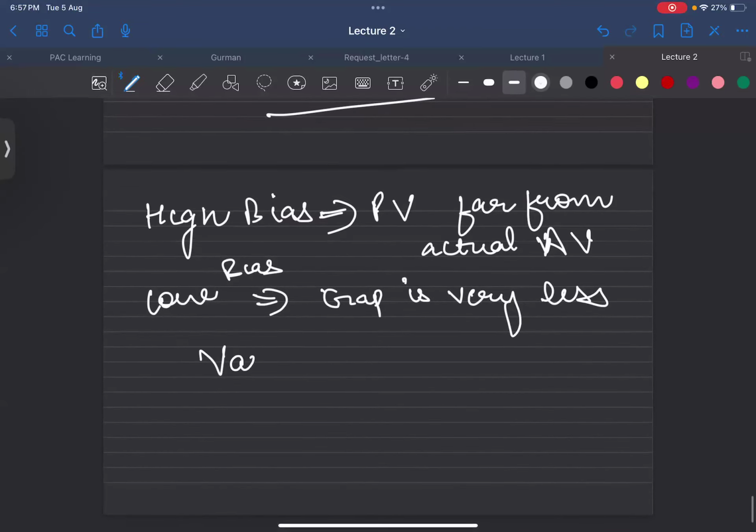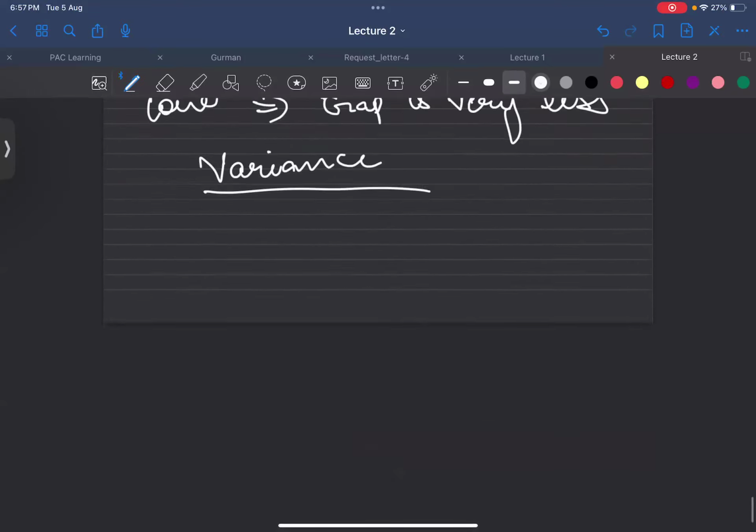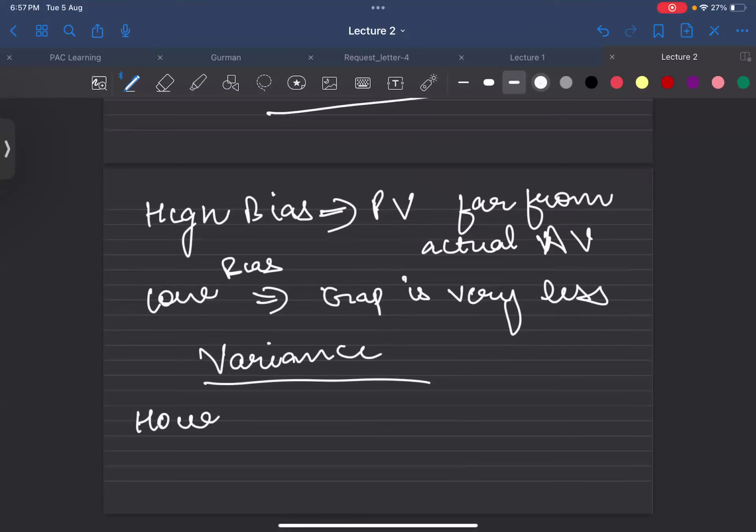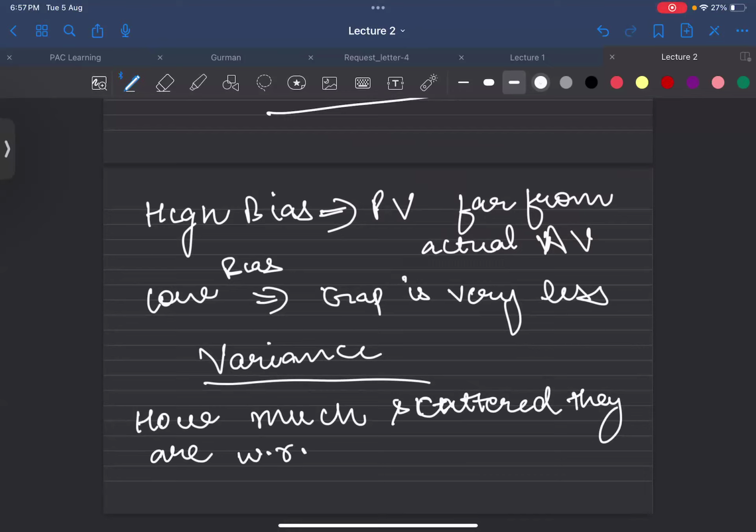Now variance: how scattered they are with respect to each other. That is variance.